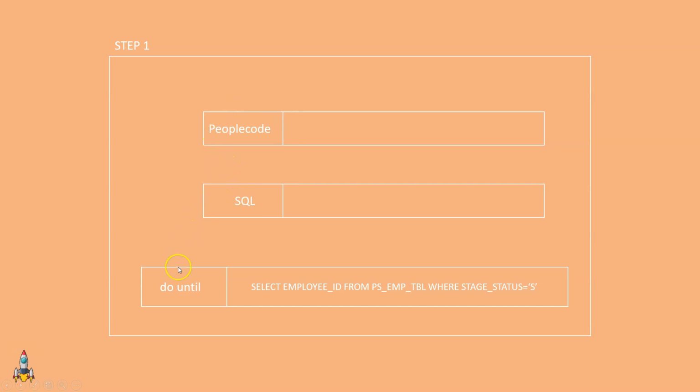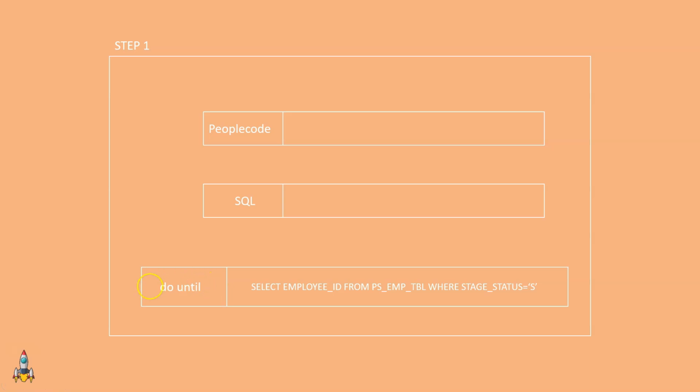Then the control will go to do until. It will check whether this select statement inside do until returns any rows or not. If it does not return any row, then the loop will continue again for the third time and this PeopleCode and SQL action will be executed. Let's say during the third time the do until action executes this select and the select statement returns some rows of data, and that is the time the loop will be broken.